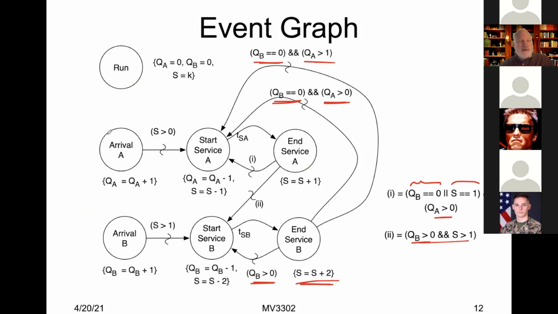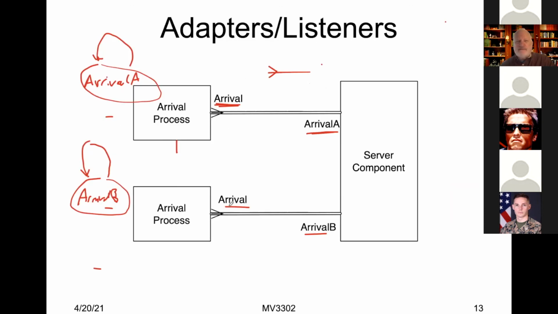The problem is I don't have an arrival event. I only have arrival A and arrival B events. The listener hears everything. The adapter will only hear this and change it to this. Oh, okay. So they're similar, but they work differently.